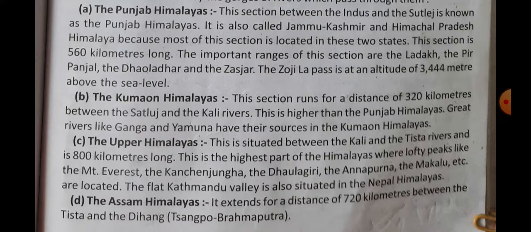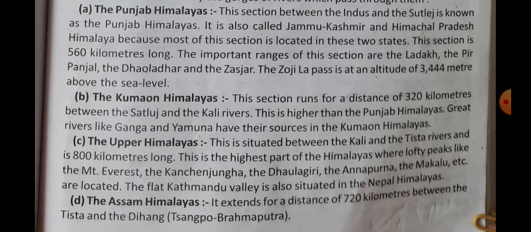Number 2, Kumaon Himalayas. This section runs for a distance of 320 kilometers between the Satluj and the Kali rivers. This is higher than the Punjab Himalayas. Great rivers like the Ganga and the Yamuna have their sources in the Kumaon Himalayas. Then the Nepal Himalayas.